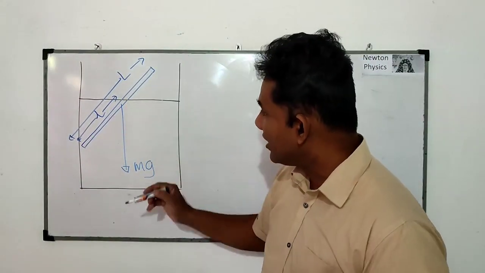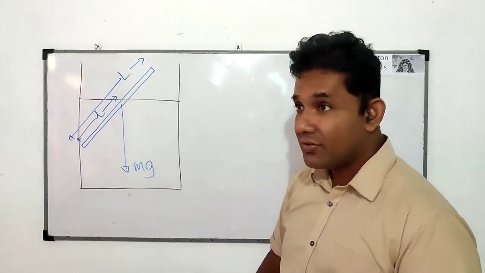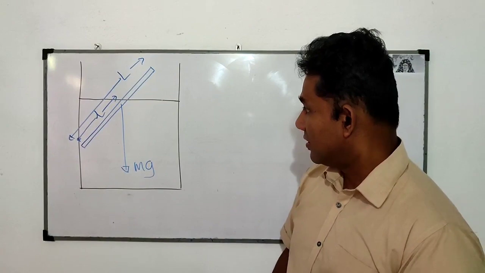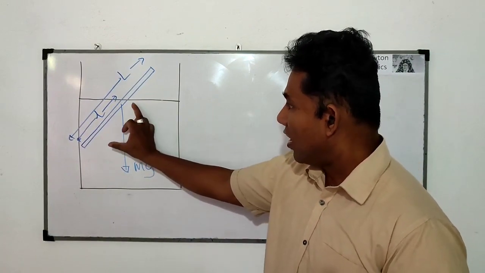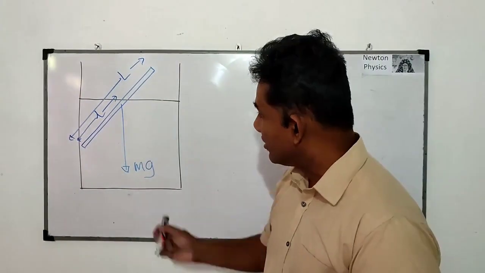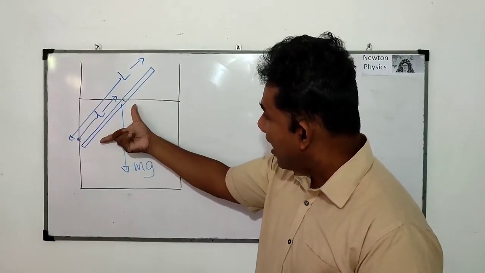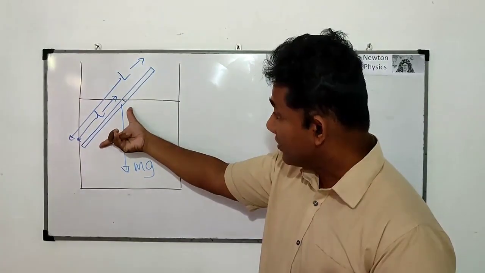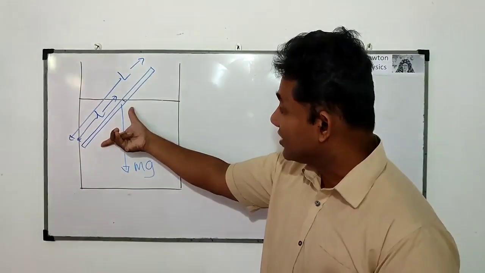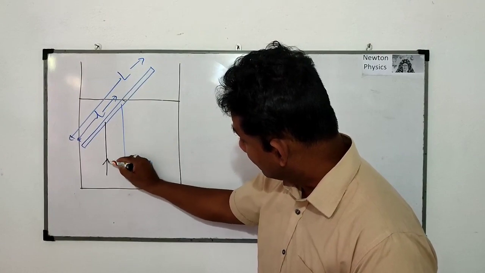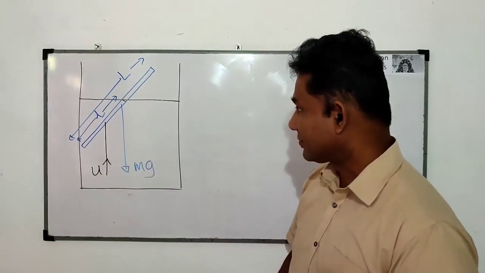That means, since this is a uniform rod, it acts at the middle of the immersed part of the rod. If I take this part in water and find the center of this part, that is nearly here. This one is the upthrust.